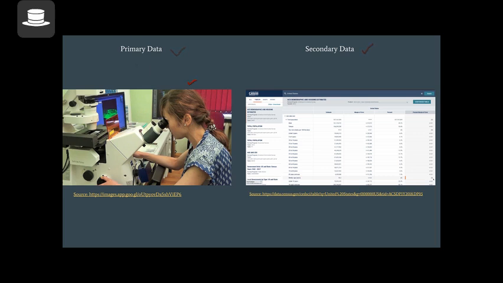It is not the data that somebody else had collected and made available to others to analyze. So most of the scientists that collect data through different experiments, that data is the primary data.